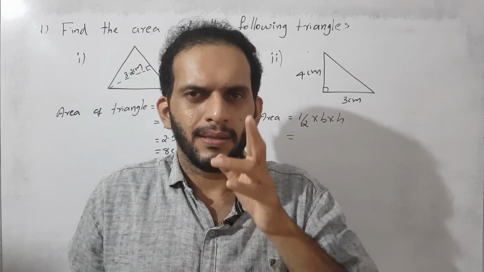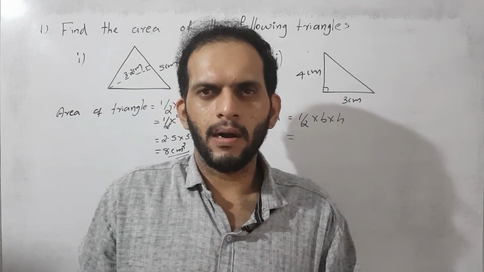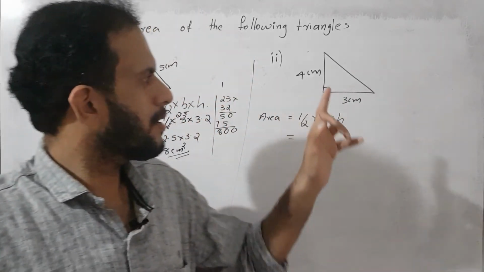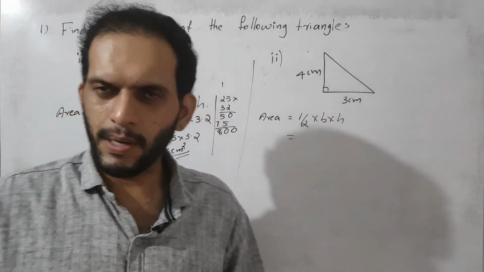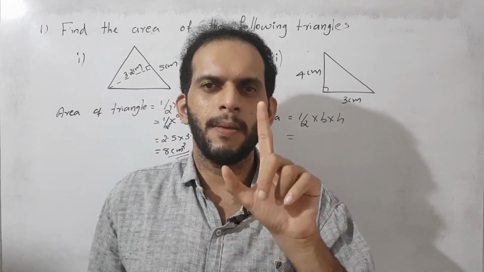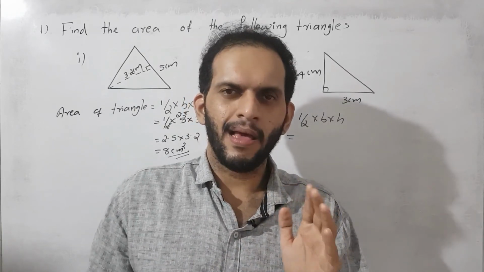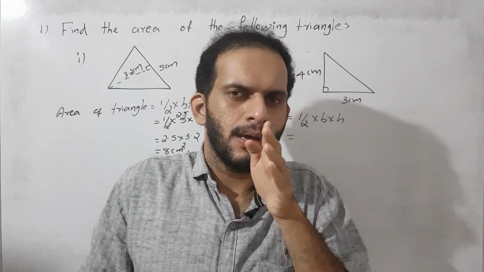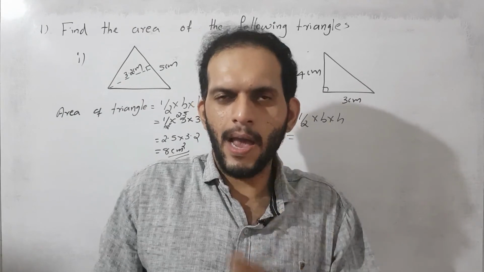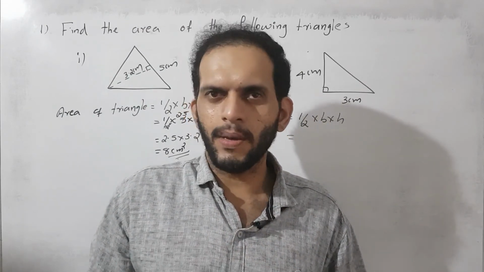What kind of triangle is given here? A right triangle. And the two given sides of the right triangle are what to each other? Perpendicular. So here we consider one side as the base and the other side as height. A right triangle always has, except the hypotenuse, two sides, one is base and one is height. We call them like that.